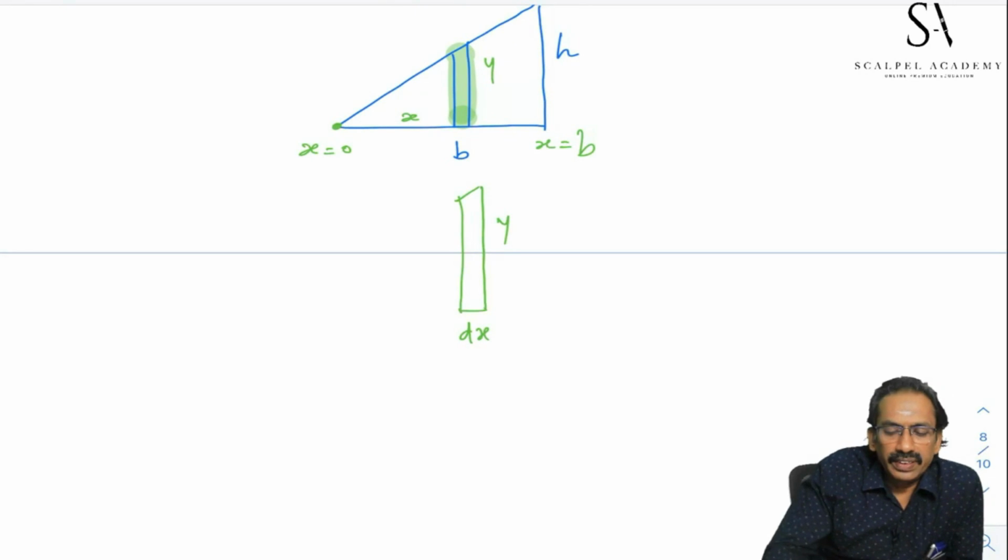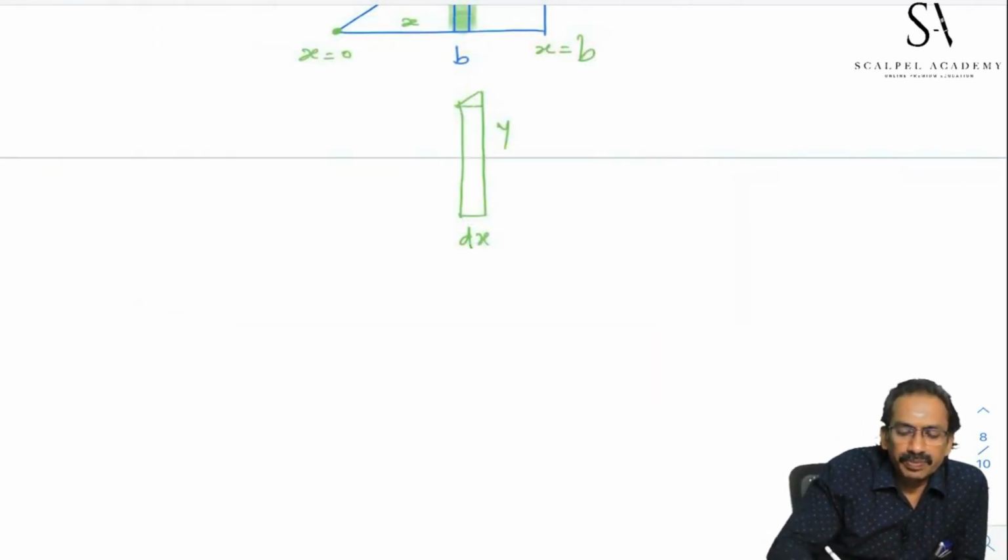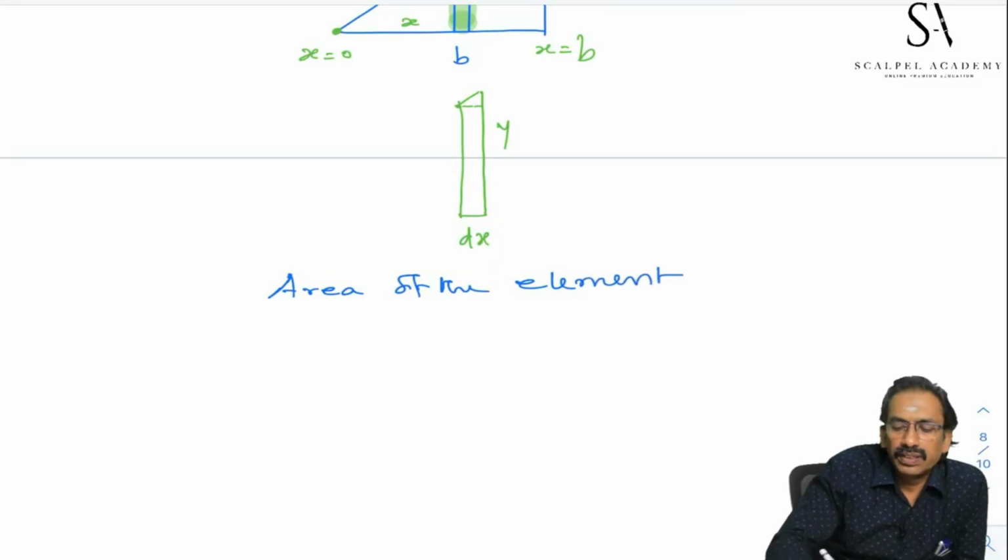If dx tends to 0, the area of this small triangle is negligible. So you will calculate only the area of this rectangle. Now, area of the element: dA is equal to y into dx.